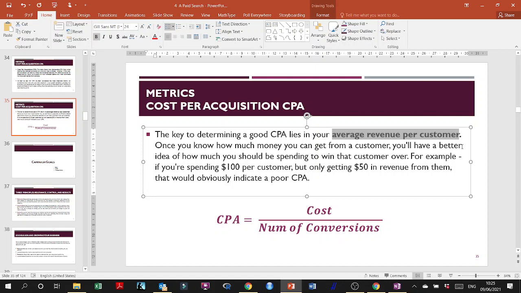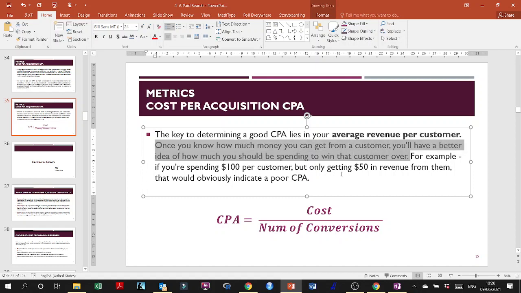The price tag includes both profit and cost, which is the whole revenue. So the average order value is the same as the average revenue per customer. And then you can extract from there the customer profitability. You will have a better idea of how much you should be spending to win that customer over.